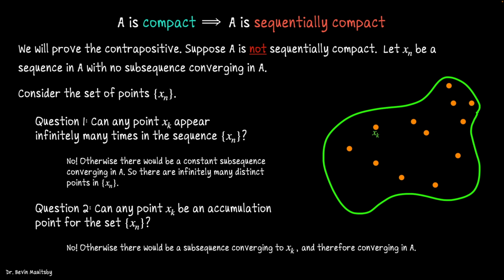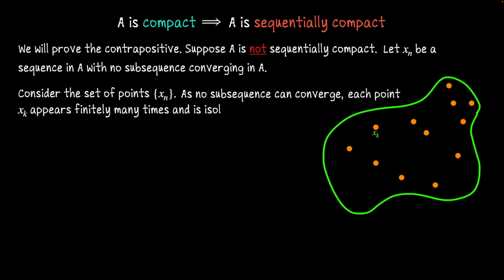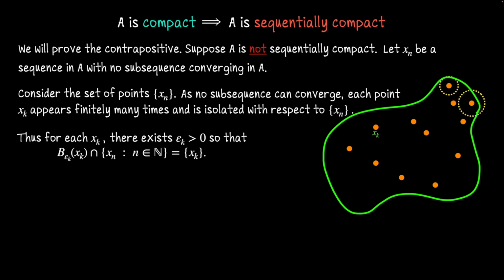What these two questions are leading us to realize is that when we consider our set of sequence terms, each point appears finitely many times and is isolated with respect to the rest of the sequence terms. So in my picture, you want to imagine infinitely many orange dots relatively separated from each other. In fact, what we can say is that for each term in the sequence, there's some radius for that term.